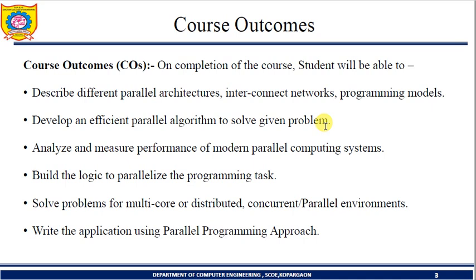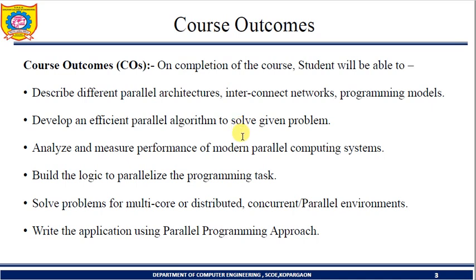Then the next point is about course outcomes. After studying this subject, you should be able to know something about this subject. The student is able to describe different parallel architectures, interconnect networks, programming models, then develop an efficient parallel program algorithm to solve a given problem.